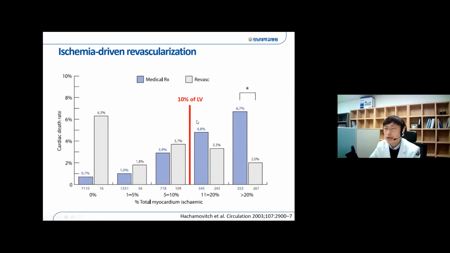And they elegantly showed that patients having more than 10% of the left ventricle involved by myocardial ischemia should be revascularized, because the risk of cardiac death exceeds that of revascularization in patients with more than 10% of the left ventricle ischemic.